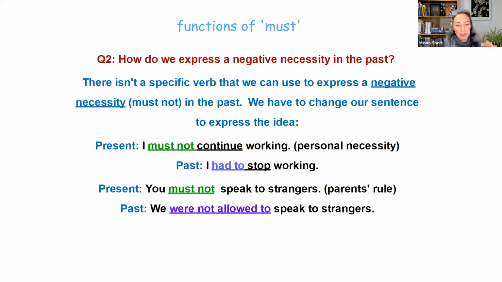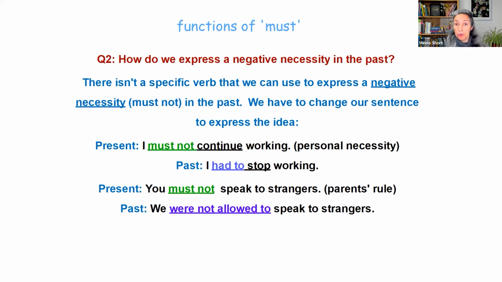For example, if in the present we had, I'm exhausted, I must not continue working, expressing a personal necessity not to do something. For the past, we have to use had to. It's the only thing that expresses a necessity, and we have to change our verb. I must not continue, so I had to stop, right? We make the main verb the opposite.